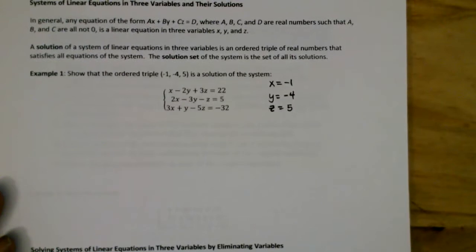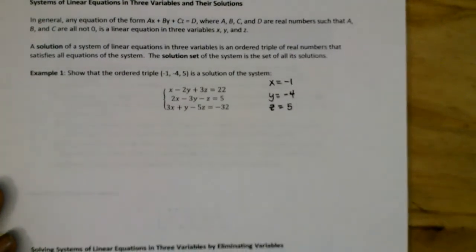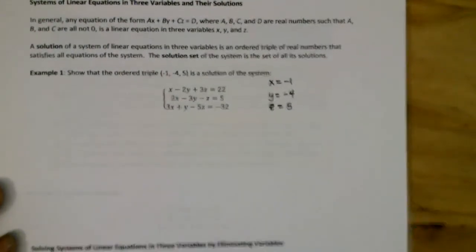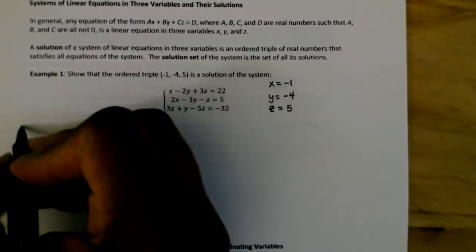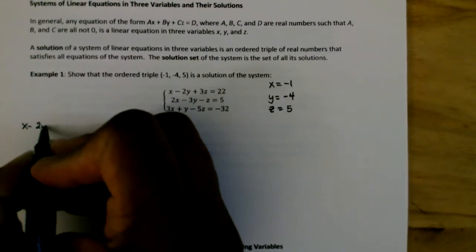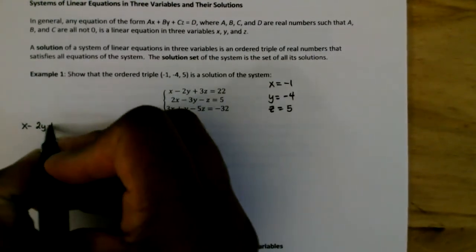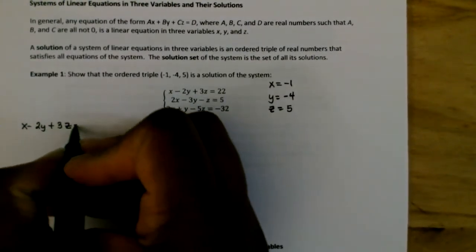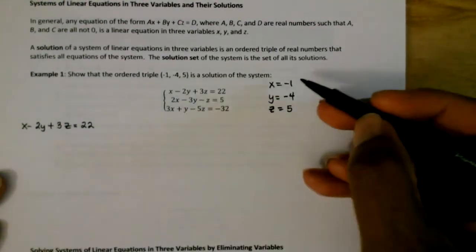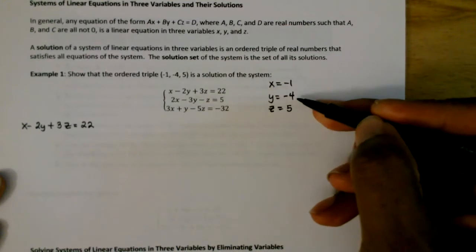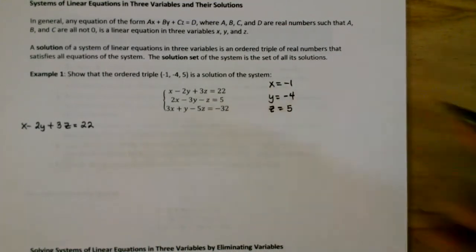So let's start with the first equation: x minus 2y plus 3z is equal to 22. Now in this case, your x is -1, the y is -4, z is 5. Here we just substitute into that system.